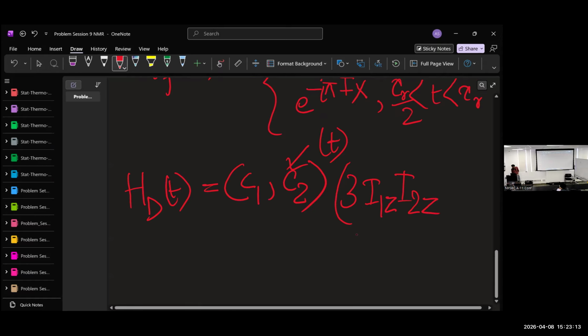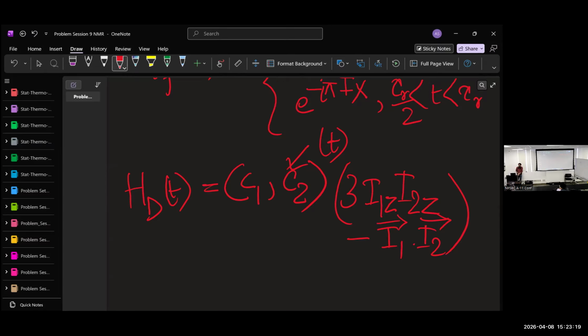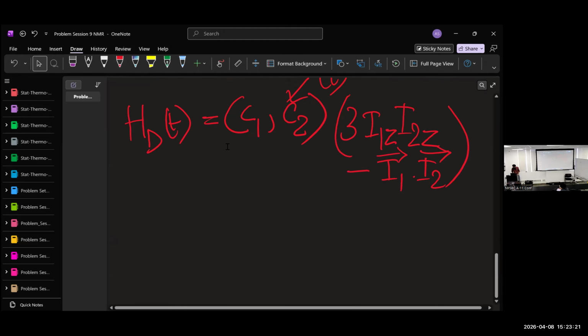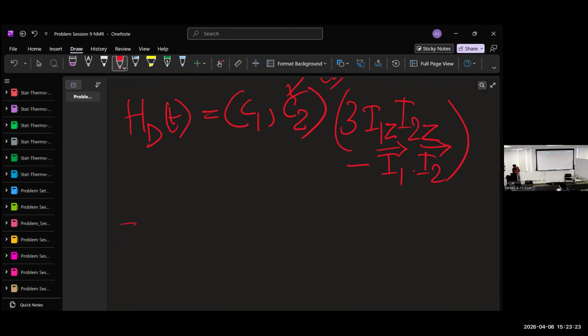Well, as we said, this was something like this. This Hamiltonian can be simplified because I1 dot I2 in Cartesian becomes XX, YY, and ZZ. Then you subtract out the ZZ term to get this.